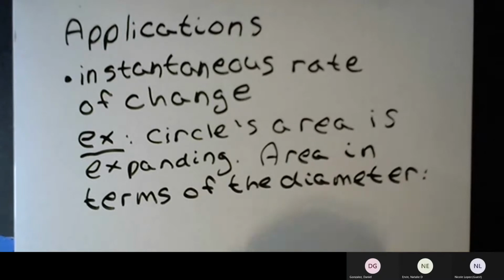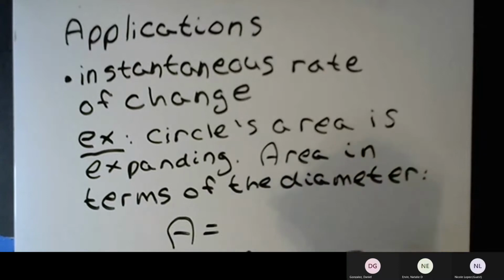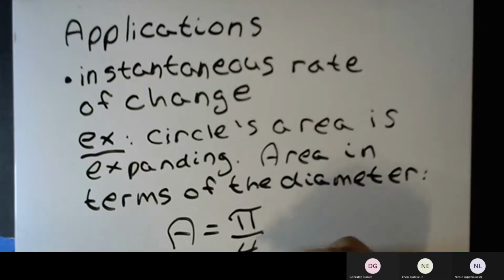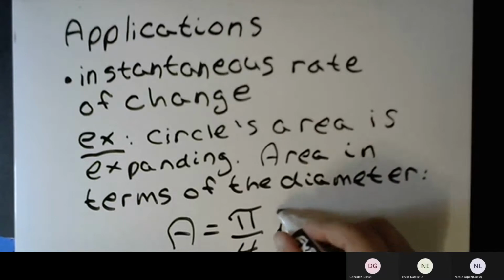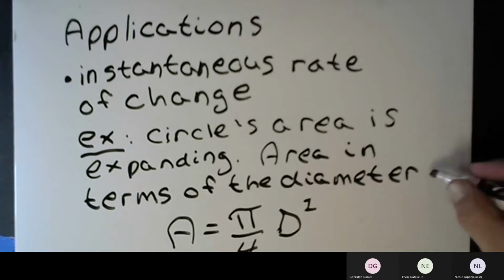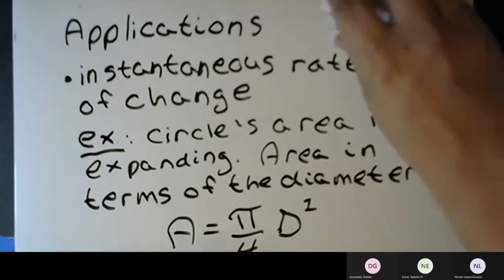So I'm going to establish my lower bound here. It's A equals pi over 4 d squared. The diameter d. Now, the thing we want to find out is this.